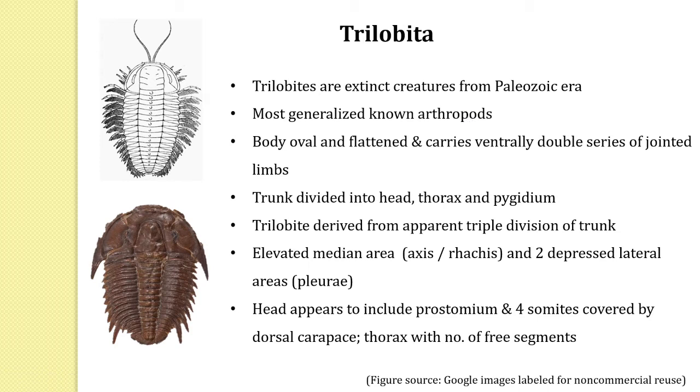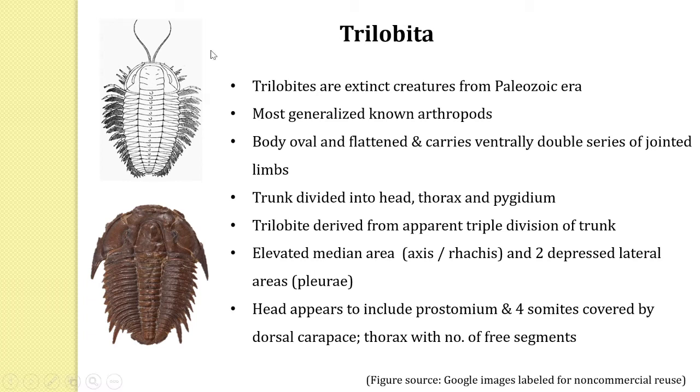The body is usually oval and flattened and carries a ventral double series of jointed limbs. The trunk is divided into the head and two body regions known as the thorax and the pygidium. The name trilobite is derived from the apparent triple division of the trunk lengthwise into an elevated median area.